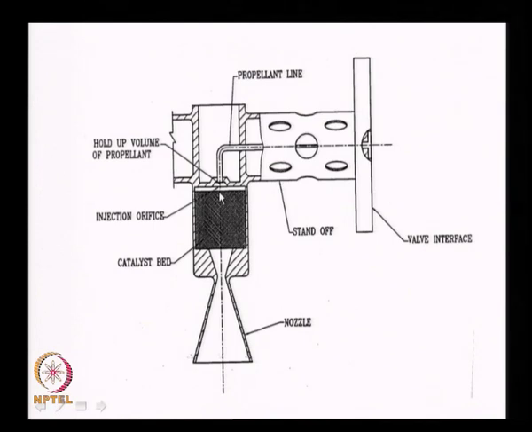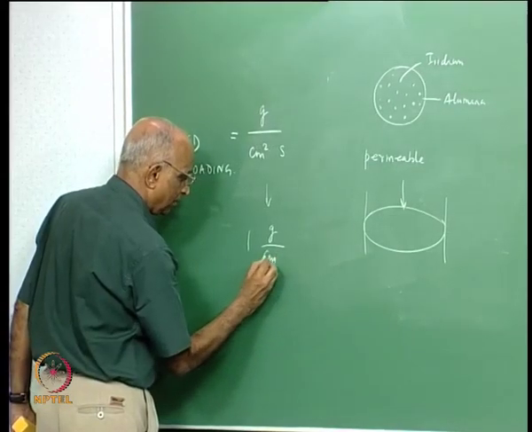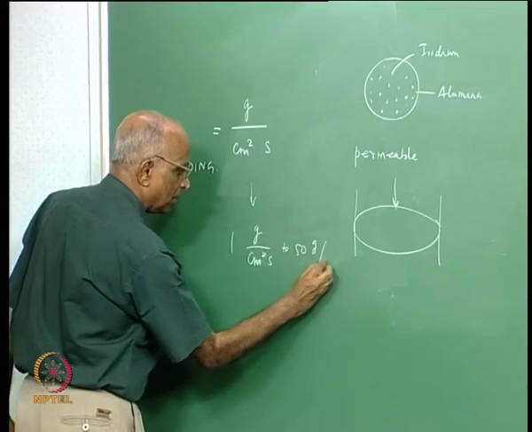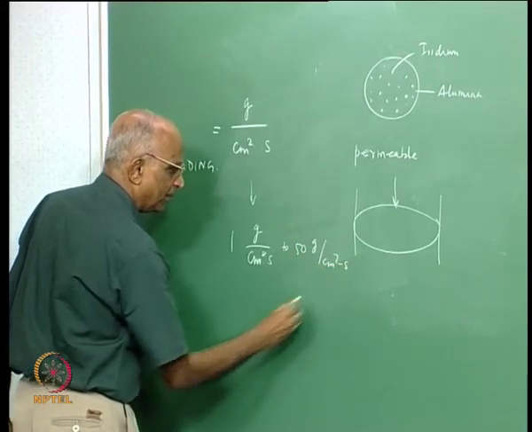This bed loading and the length of the bed tell me what amount of dissociation I get of the ammonia. Therefore, this bed loading typically varies between 1 gram per centimeter square second to 50 grams per centimeter square second.